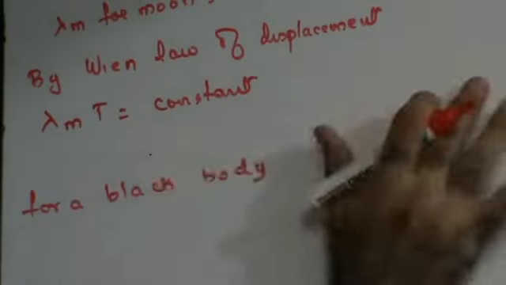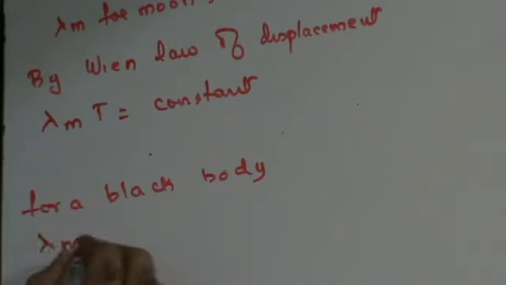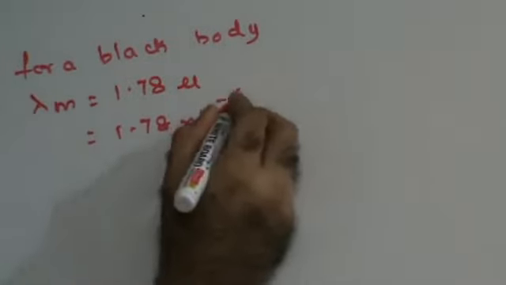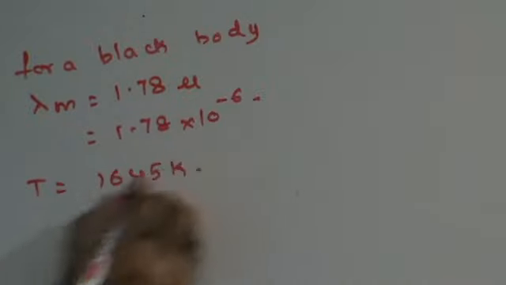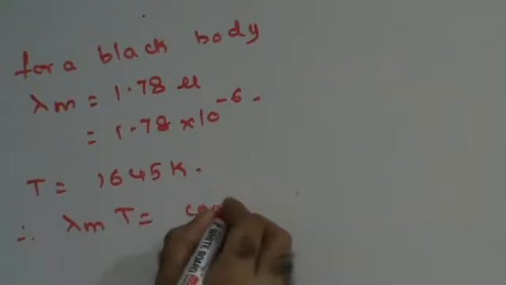That means I need to calculate the constant. I don't take the universal constant. So lambda m for the black body is given as 1.78 microns, which is 1.78 into 10 raised to minus 6. Temperature is 1645 Kelvin. Therefore lambda m into T will give you the constant.